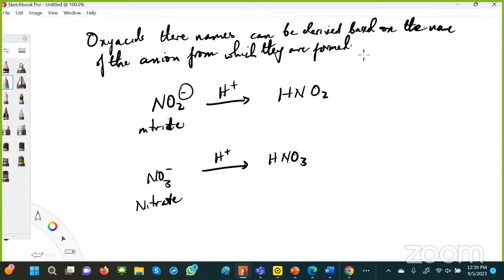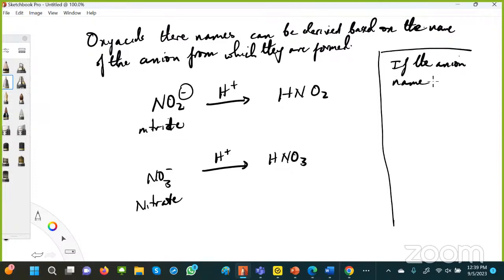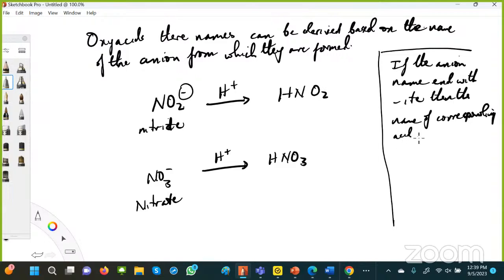Well, according to the rules, if the anion name ends with ITE, then the name of the corresponding acid will end with OUS acid.